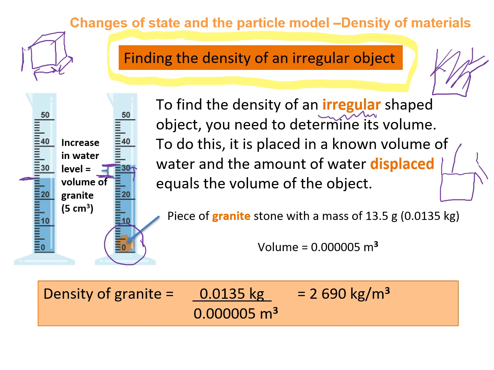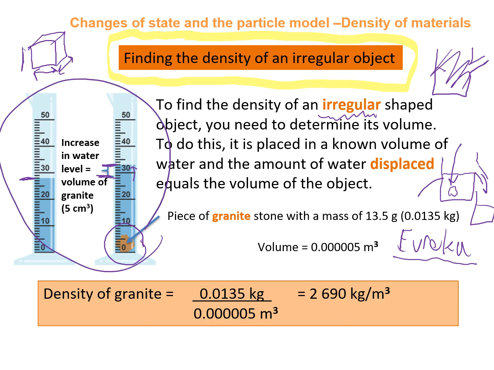Then you put your object into the water, and the water spills out into a measuring cylinder. That can is called a Eureka can. You can use this method over here if you're asked about it, but if they ask you about a Eureka can, at least you know what one is.